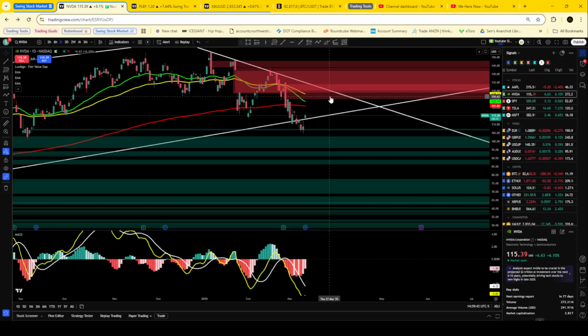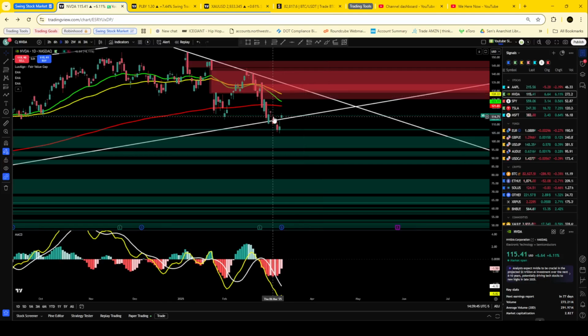So this one will be a smaller trade. I would typically get in now before the end of the day, up to this double or triple fair value gap right here at 130. So yes, I am expecting Nvidia to go up 15 bucks.